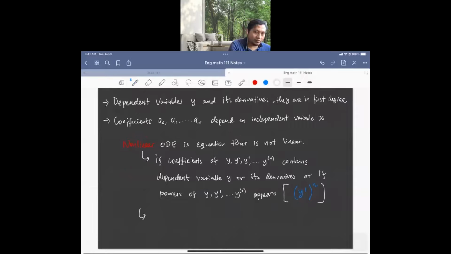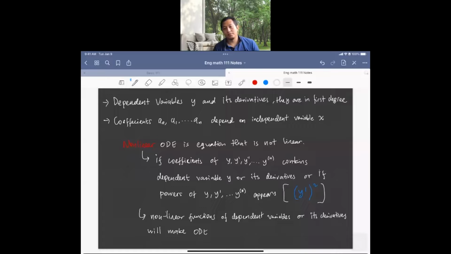And aside from the coefficient, if you see any nonlinear functions of y or dependent variables or its derivative, it will make the ODE nonlinear.